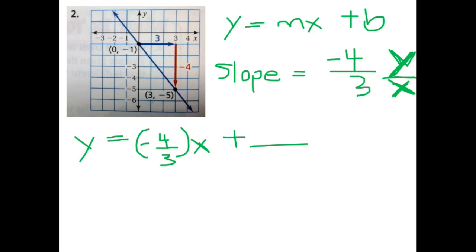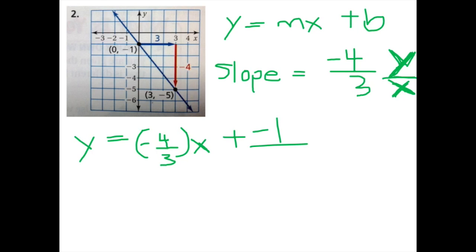And where this line crosses the y-axis is at negative 1. Notice that this is a negative slope, which pertains to the negative symbol here in front of our fraction. So the y-intercept is negative 1. Let me write that down.